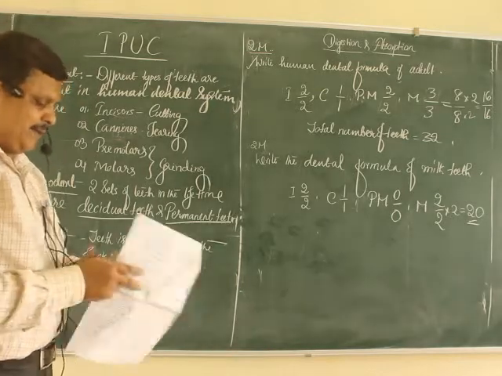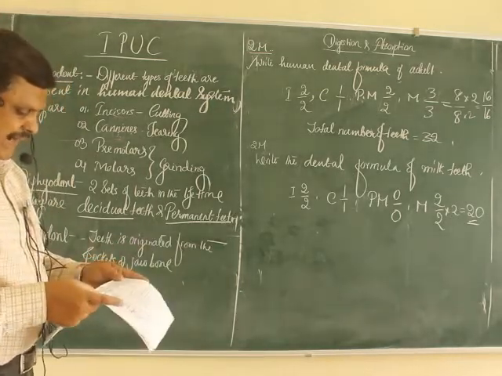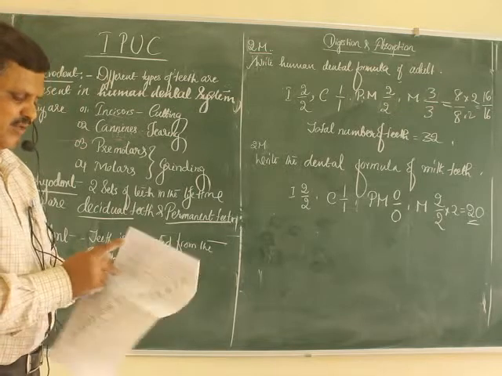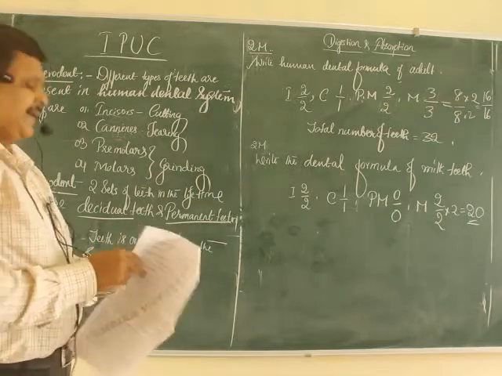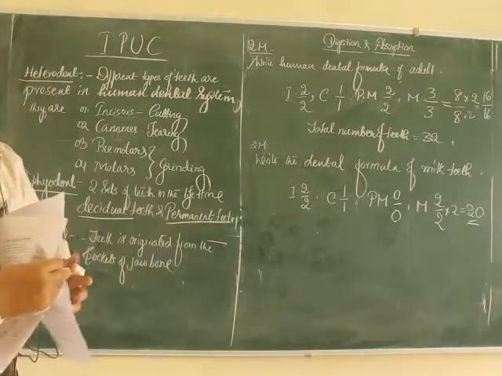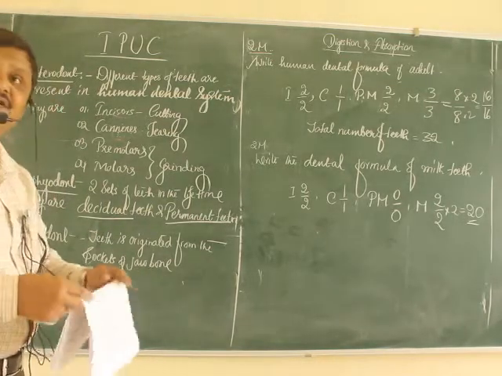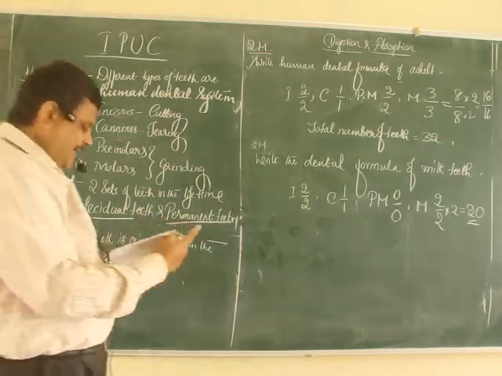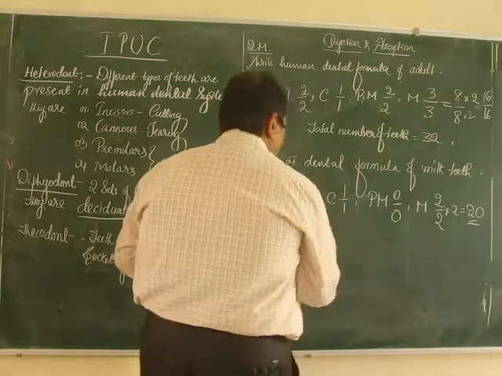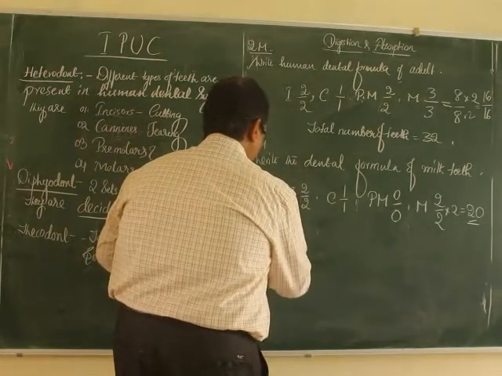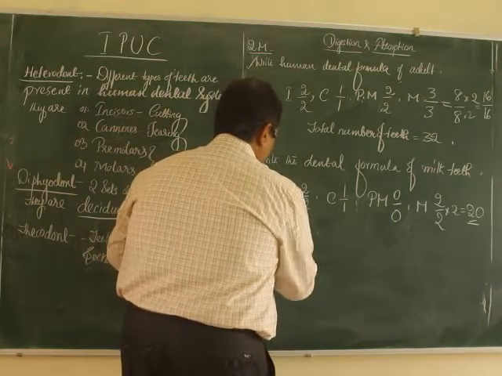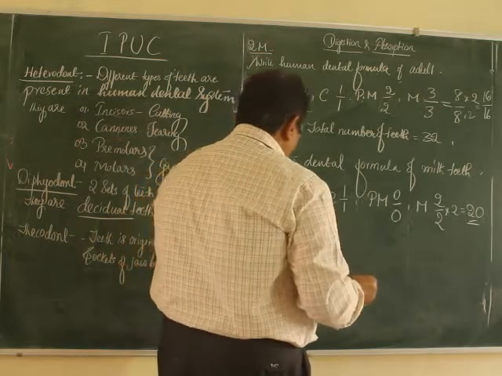So we discussed the mouth, tongue and teeth. The next part associated with the digestive system is the pharynx.